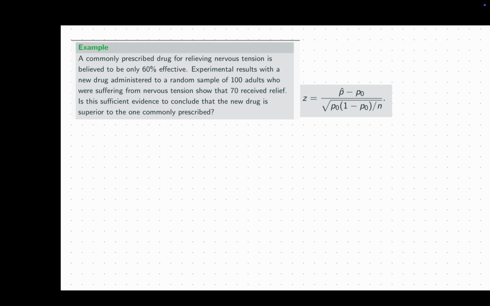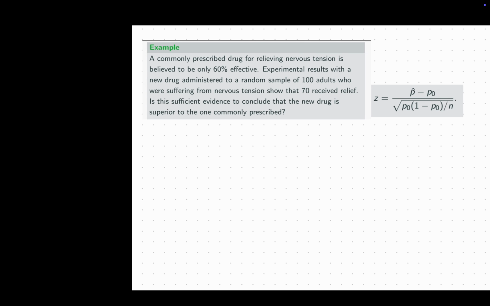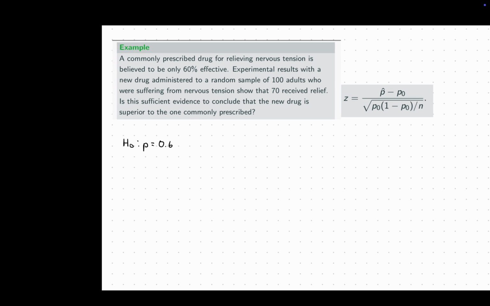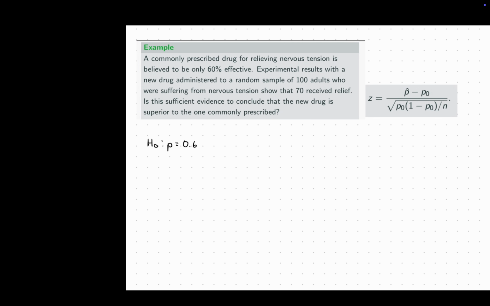Okay, so first, as with all tests, we want to make our null hypothesis and our alternate hypothesis. So our null hypothesis is that p is equal to 0.6, since we're believing that it's 60% effective.